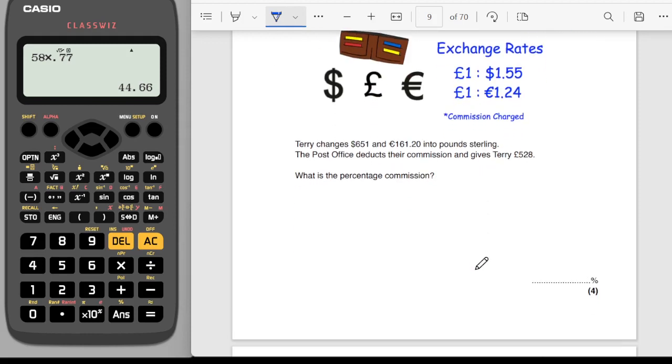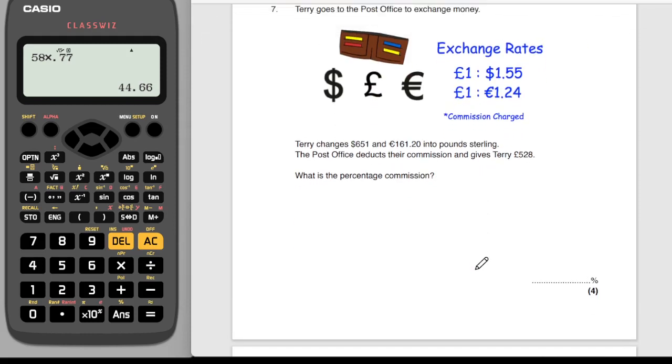So we need to work out the total money that he would have made. I'm going to do that as a single sum though. I'm going to say that I'm after 651 divided by 1.55, just double checking that I've got my units consistent, and I'll add to that the amount of euros in pounds, so 161.2 divided by 1.24. So that'll give me the total money that he had available.